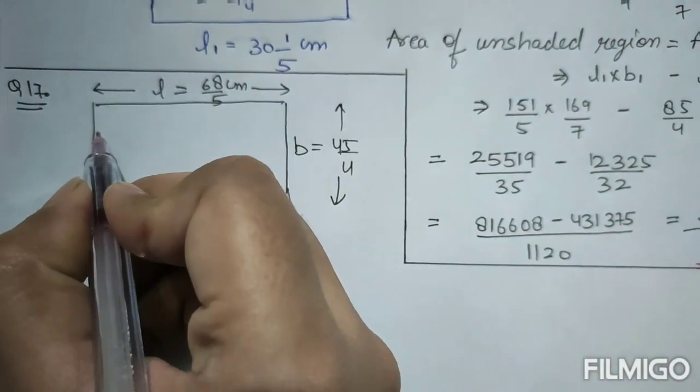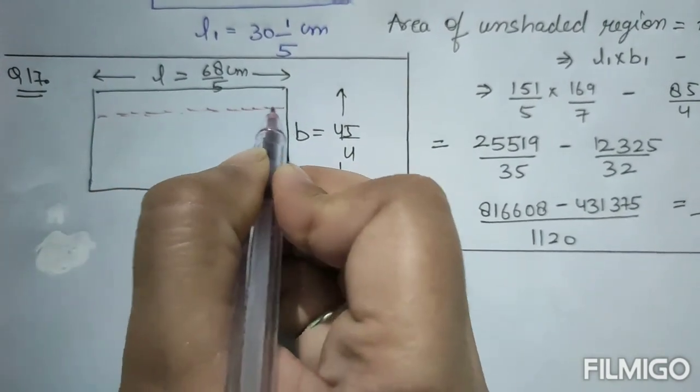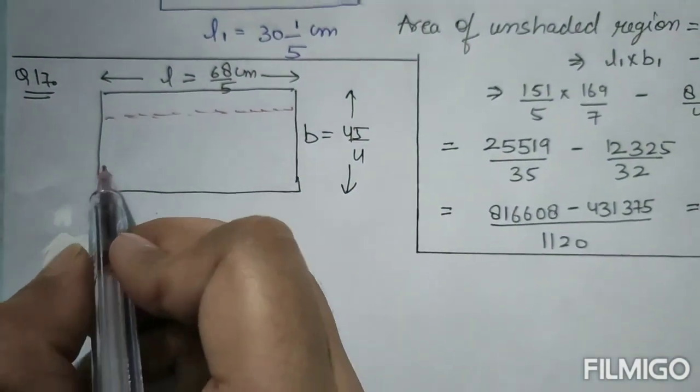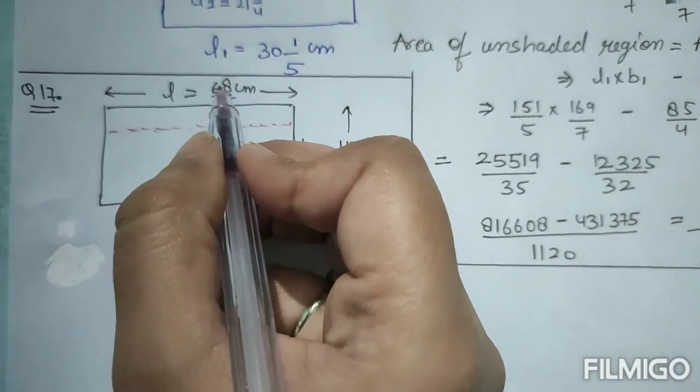look, you have to find the number of pieces that can be cut out from this whole cardboard. What should its width be? Suppose its length is the same, as they have told.